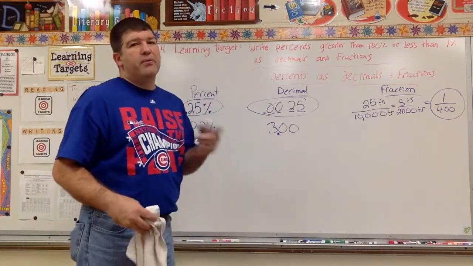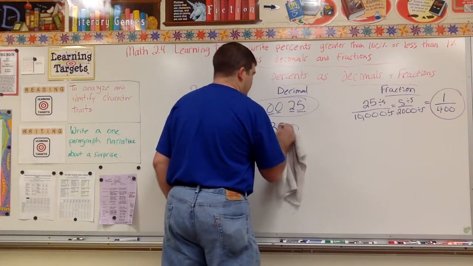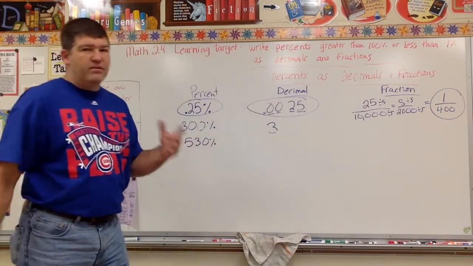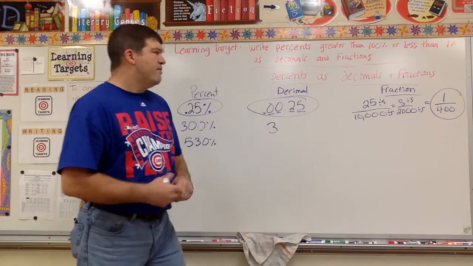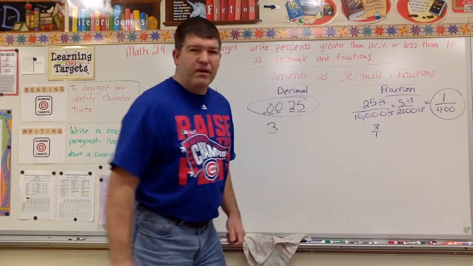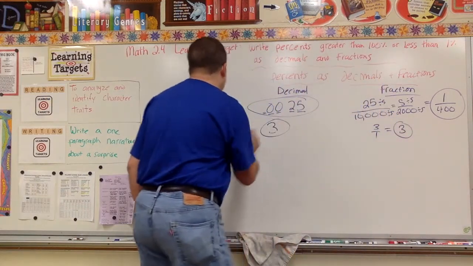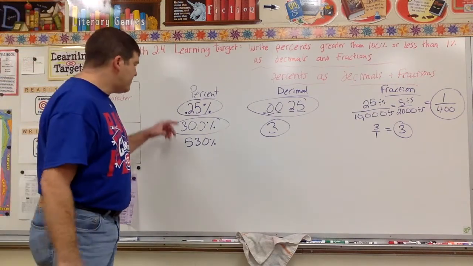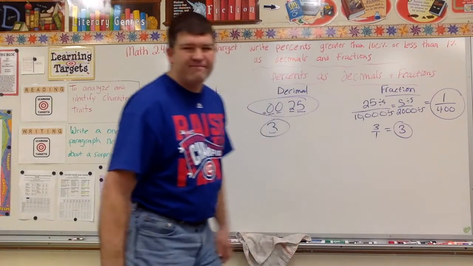No. 3.00 is the same as 3. So I'm just going to say that my decimal, which is a whole number, 300% is the same as 3. If I want to put that as a fraction, 3 over 1, which is 3. Okay, there you go. 300% is 3.